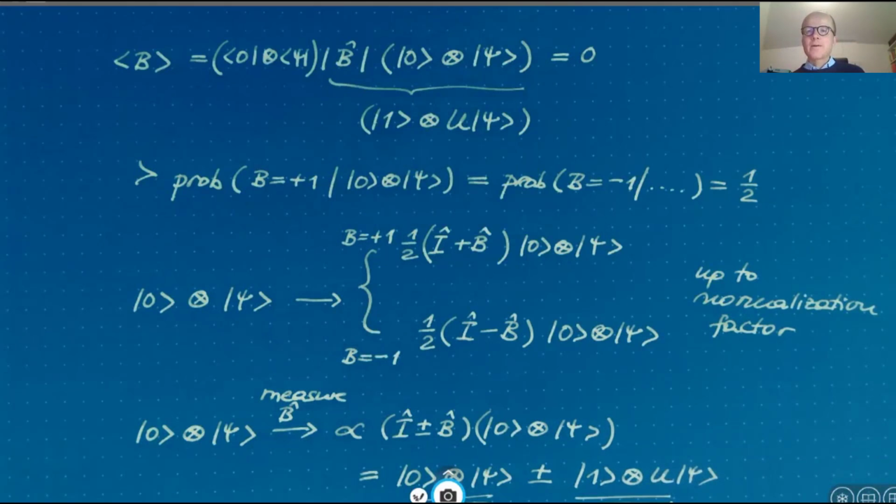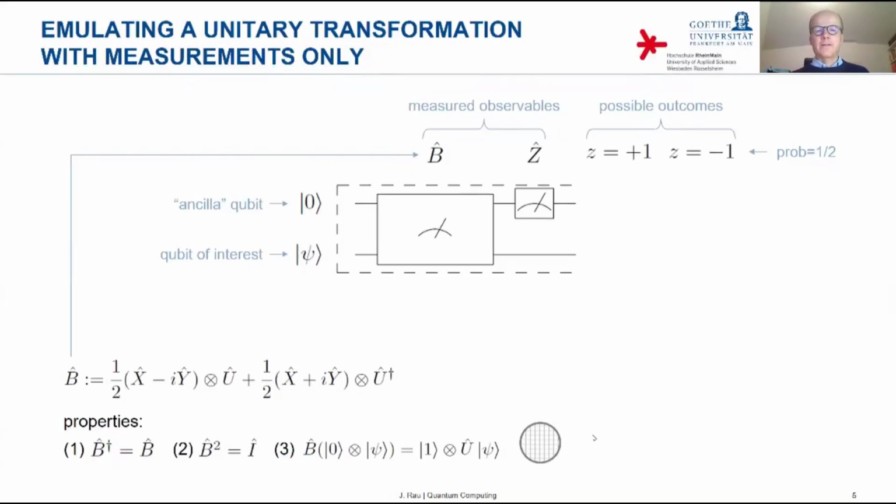Let's now consider these two cases. When your outcome was +1, you project onto basis state 0 for the first qubit. Then the composite state of the two qubits is again the tensor product 0 tensor psi.